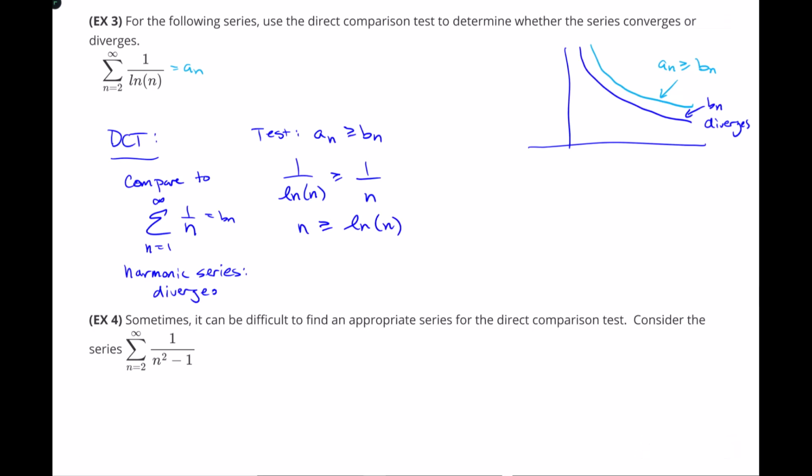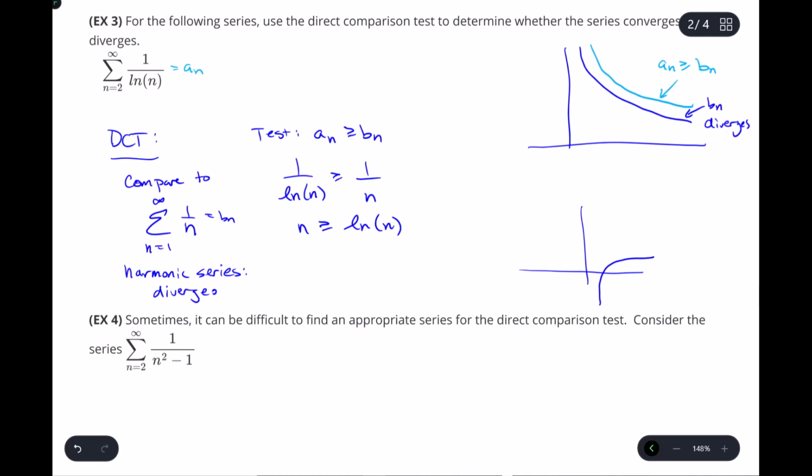And you do need to get this to a point where it is understandable by, like, a third grader, for instance, and that the inequality holds. So this for you might actually work out, because if you think about the graphs of the natural log and n, n does grow faster than the natural log of n.